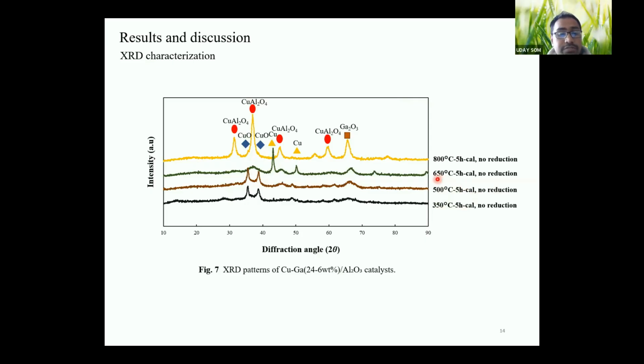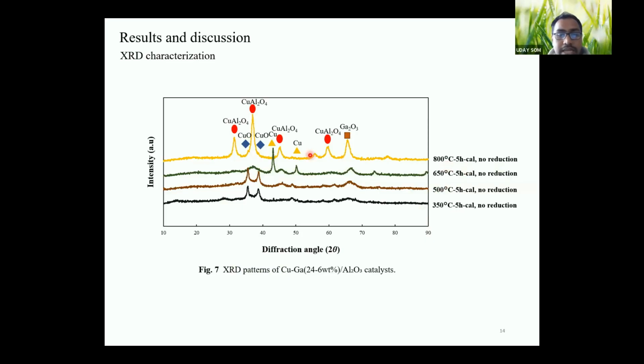The 650 degrees centigrade calcination for 5 hours, no reduction. And also 800 degrees centigrade, 5-hour calcination, no reduction. If we see the peaks, the calcination temperature increases from 350 to 800 degrees centigrade.